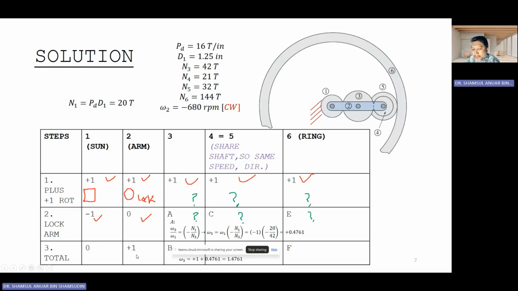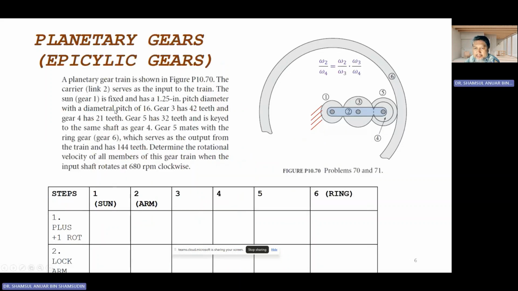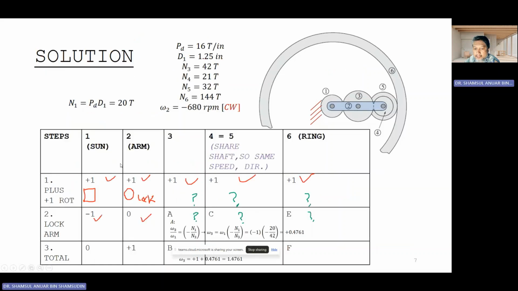So it's a summation, and the problem says that the sun is fixed, meaning in the end the sun will have a total of 0. In order to go from +1 to 0, in the second step the sun will have a -1.